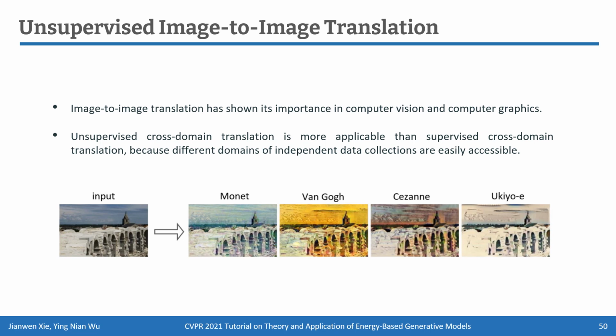However, manually pairing up examples between two domains is costly in both time and effort, and in some cases, it is even impossible. For example, learning to translate a photo to a Van Gogh-style painting requires plenty of real scene photos paired with their corresponding paintings for training.